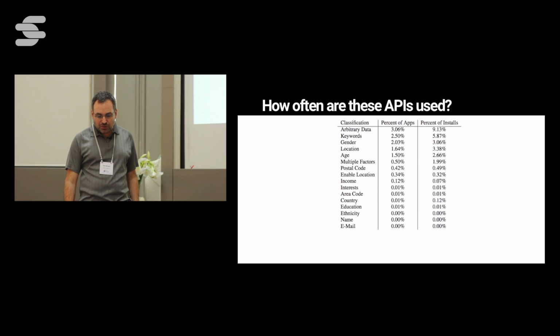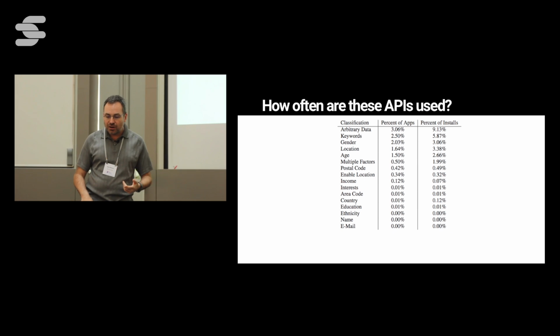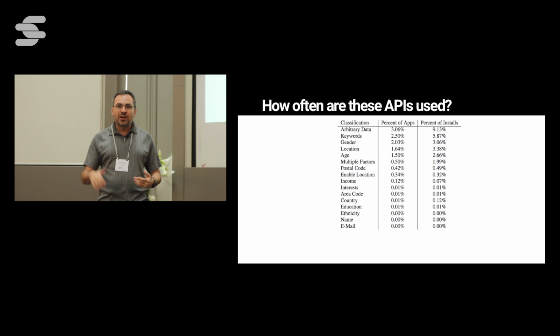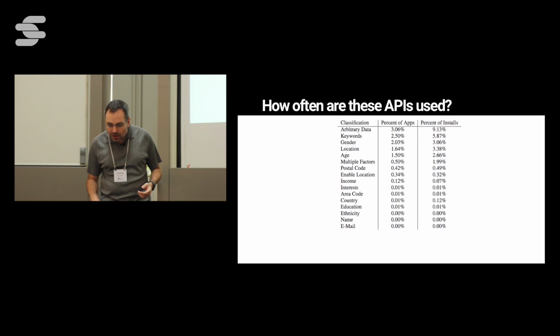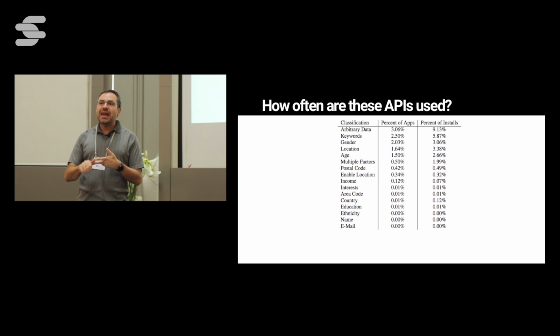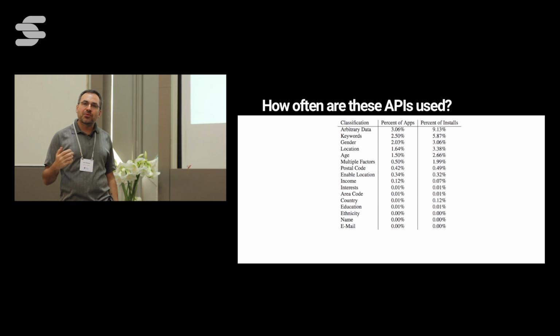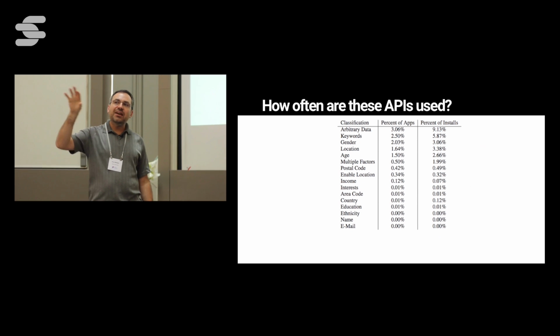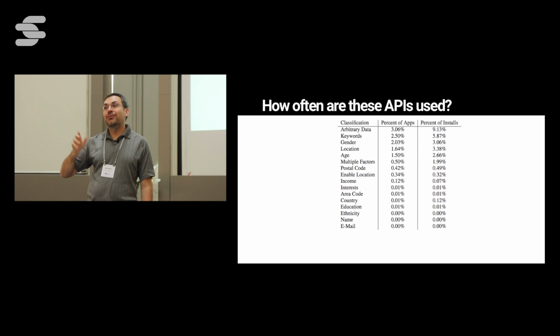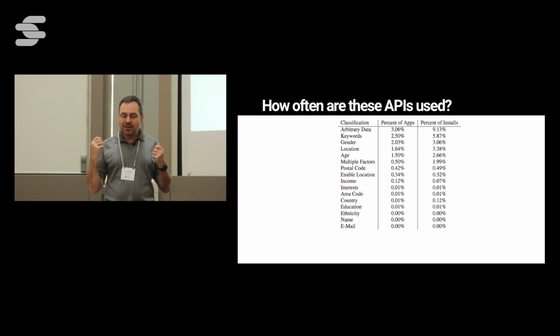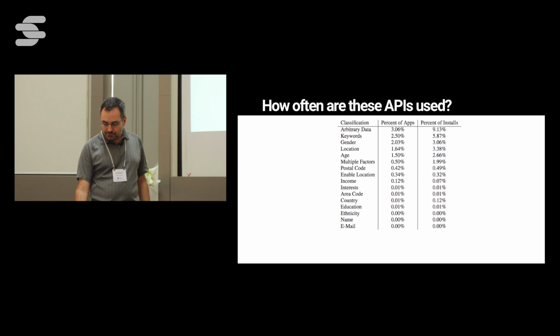But we see, 2 to 3% are setting gender, 1 to 3% are setting location, 1 to 2% are setting age. So single-digit percentages of apps are leaking things that the app knows about you to the library. That, to me, is the big takeaway from this.